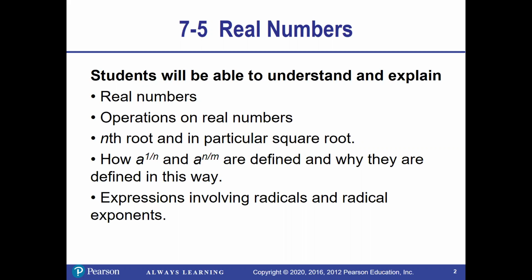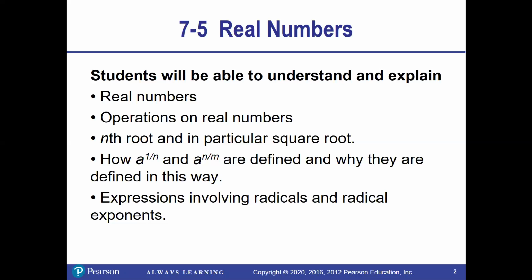So the last section is the rest of the real numbers. Everything that we've talked about this semester has been about real numbers, and there's only one other type of real number we've got to talk about. We've talked about natural numbers, then added the 0 to get whole numbers. All natural numbers are inside whole numbers.